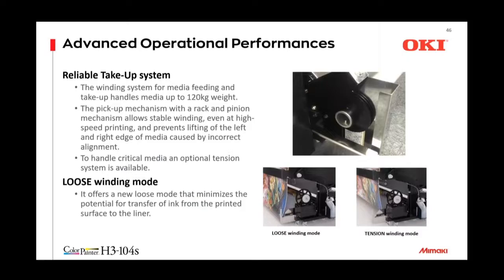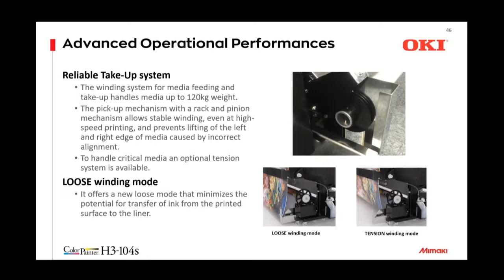All right, so the take-up system is slightly different, obviously, on the H3. We've got a media weight of up to 120 kilos. The pickup mechanism uses a rack and pinion mechanical system for stable winding.